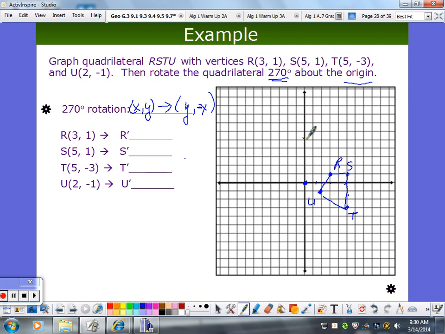Like, let's say this is my little smiley face. If I were to rotate him 90, wouldn't he be over here, in this quadrant somewhere? So how do I get there? It's a negative and a positive, so it's going to be a negative positive mapping. I just have to remember to turn these. If I was to go 180, he's probably going to be in here, so that's a negative, negative.